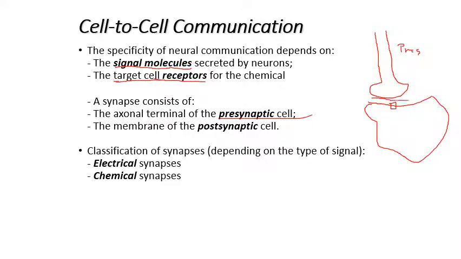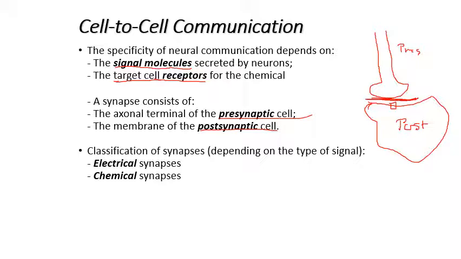This would be the synapse here, and this is where the chemicals are going to be released. And then you have the target cell, the postsynaptic cell. Now the postsynaptic cell can be another neuron, but it can be many other different types of cells. Okay, it can be the heart muscles, it can be endocrine glands. It can be any type of cell, depending on what cell the neuron is talking to.